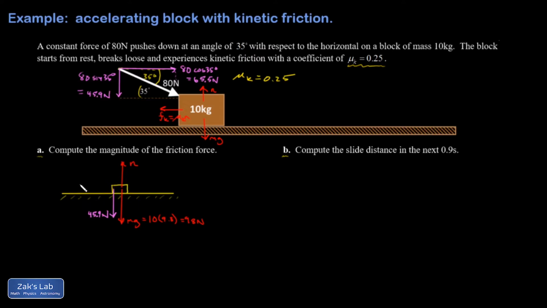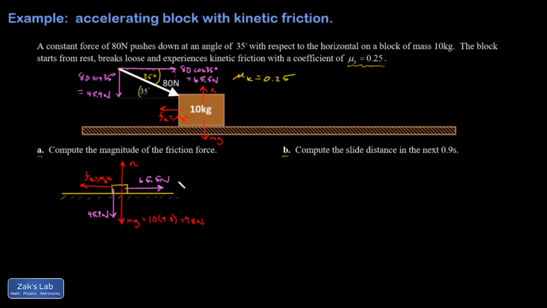And then I have a friction force. Fk is mu k N. And then I have a rightward force causing the acceleration of this thing. And let me be good about my color coding. A rightward force, that was a component, so I made it pink. And that was 65.5 newtons.